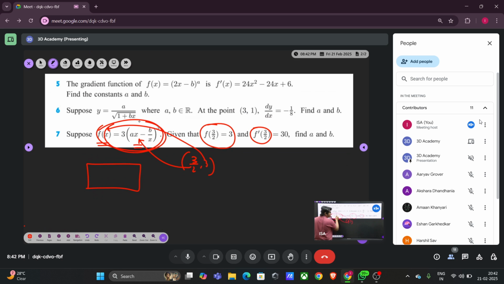When you differentiate this function, at the place of x you will put 3 by 2 and equate it with 30. You will get the second equation and you solve it using simultaneous equations. ठीक है? Okay. Same to same hint goes for the 6th one as well. Okay, here again they have given direct coordinates. You will put it in the function at the place of x and y. Then you differentiate this function and equate it with minus 1 by 8. You will again get two simultaneous equations. Try these two questions at home as homework.